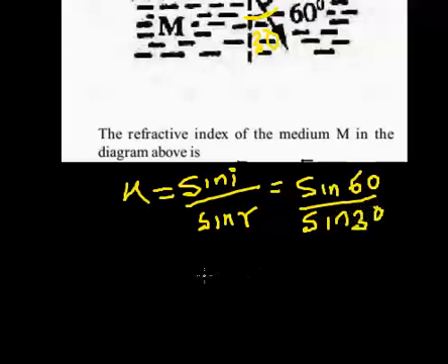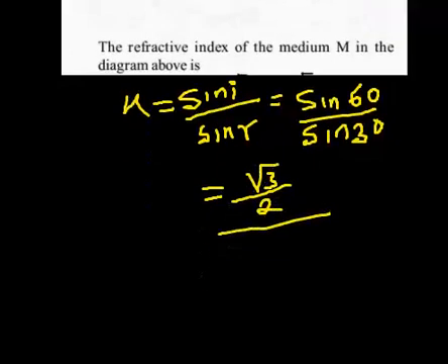In this case you use special angles: sine 60 is root 3 over 2, then divided by sine 30, which is half.